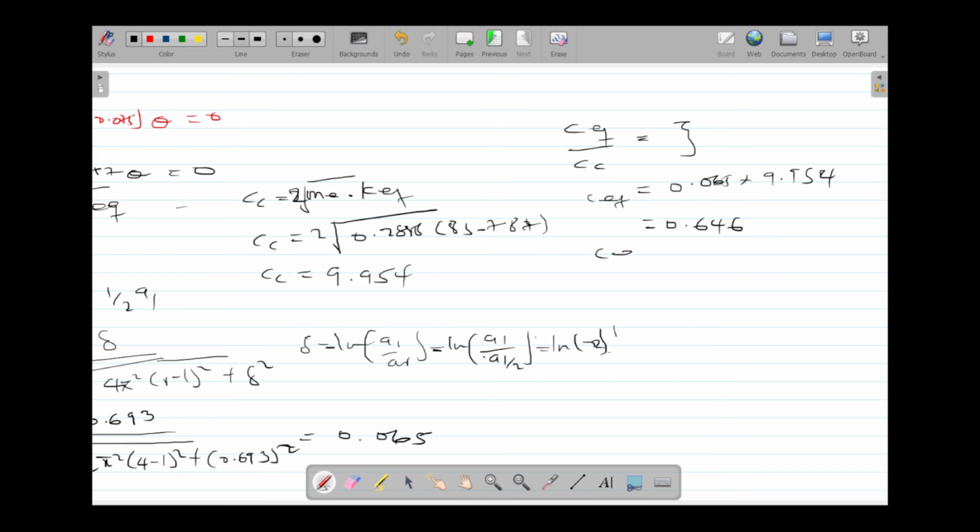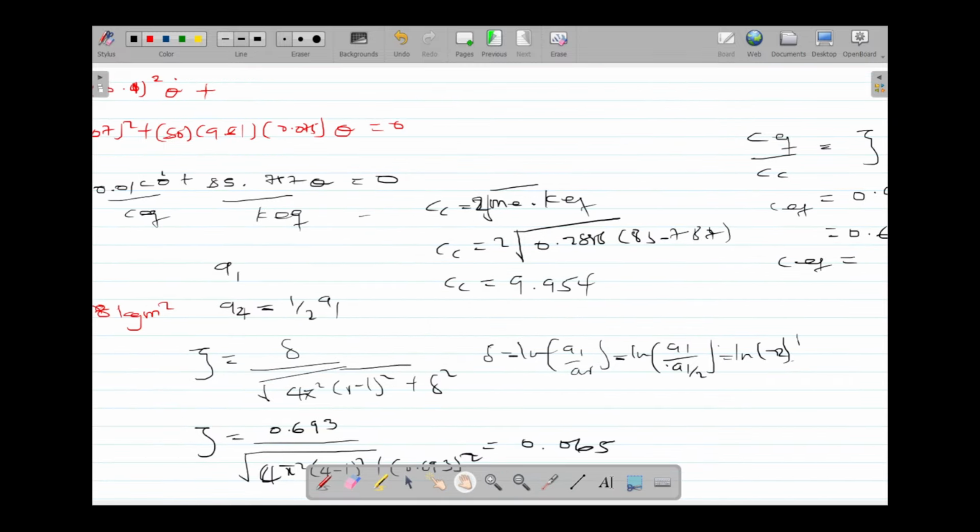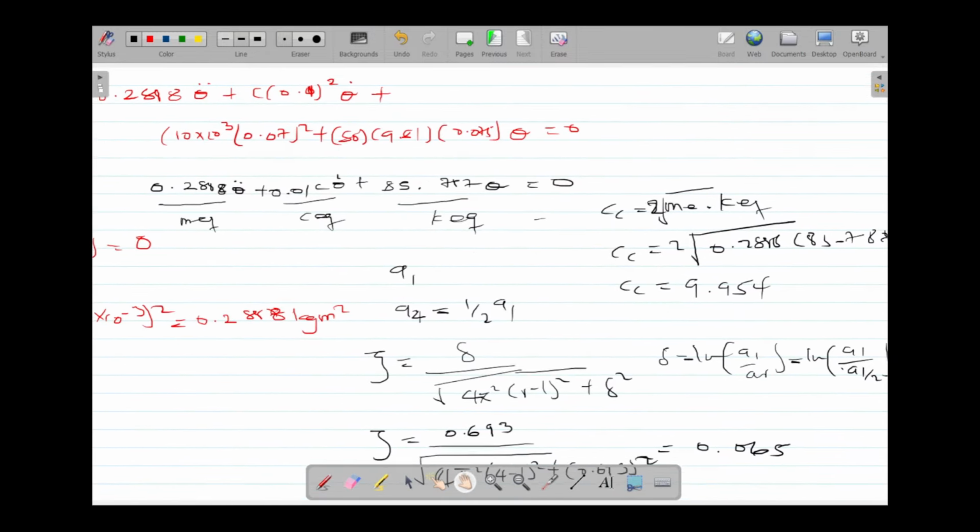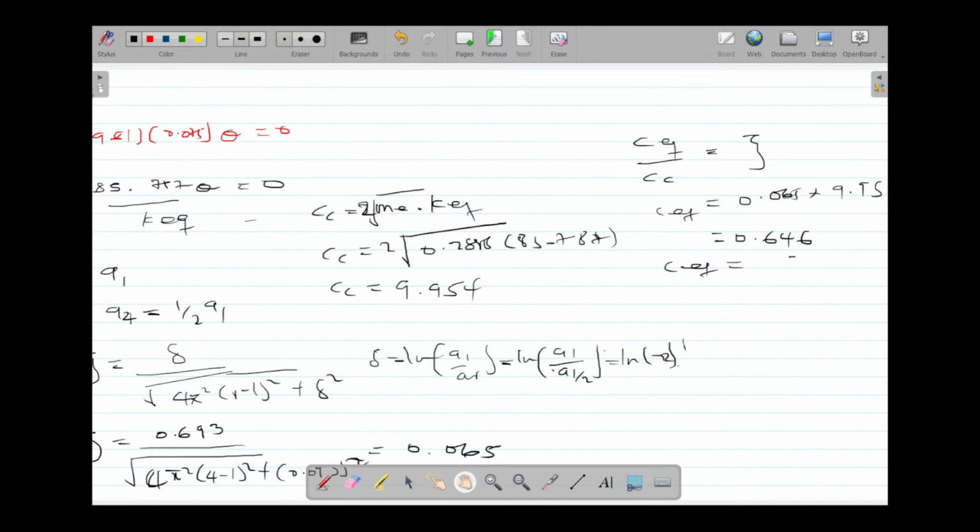Now we know that C equivalent is equal to, let's just take it straight from our equation of motion, 0.01 C. So 0.01 C will be equal to 0.646.